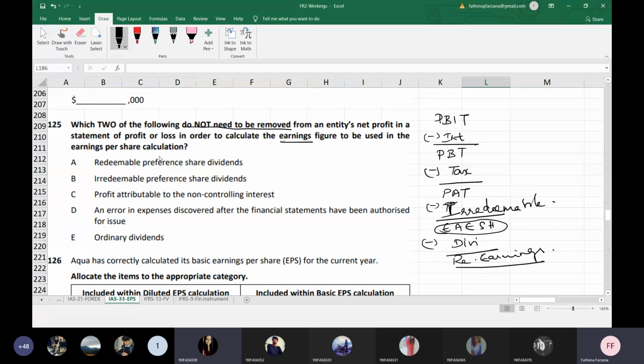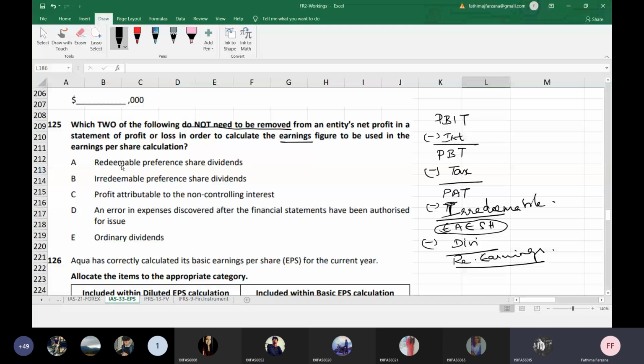Whenever it is given 'should not be removed', you have to understand in a different way. Which should we remove? They are asking which should not be removed. Ma'am, irredeemable and ordinary dividends.